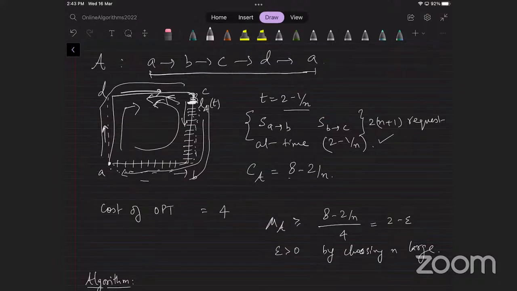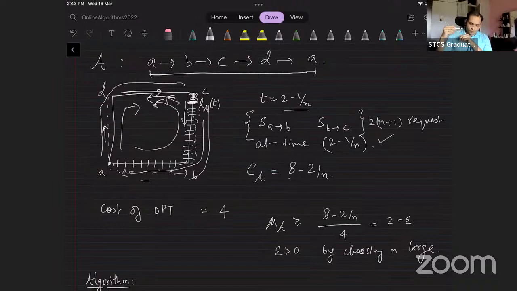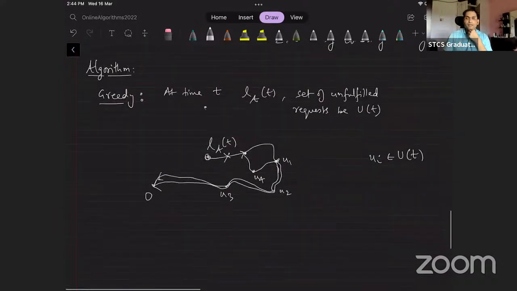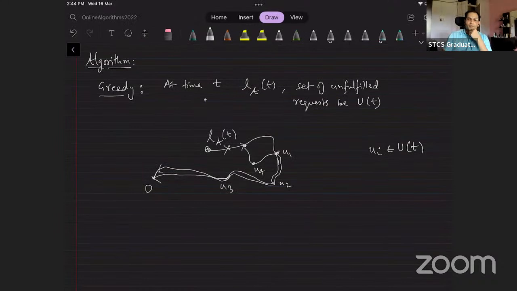So now can people think about any other input for which the competitive ratio will be larger than 2 if you follow this algorithm? Is the algorithm clear to everybody? We will not be analyzing this algorithm. It is going to be one black box, but we'll have to modify this for our final analysis.